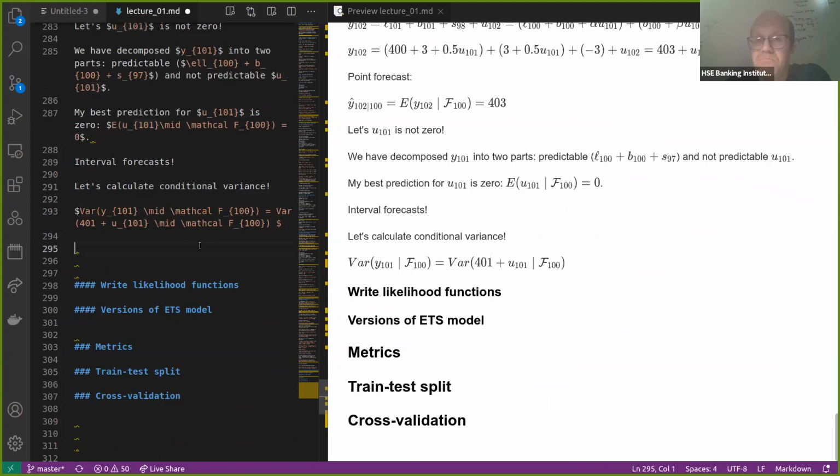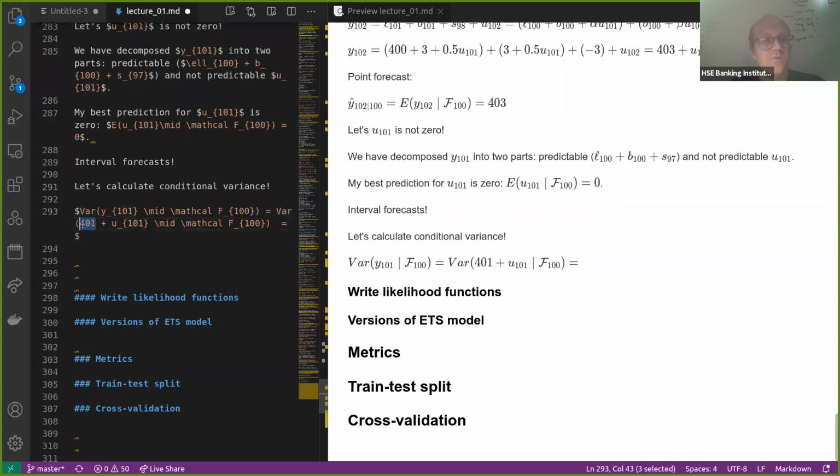So basically, I know that variance... 401, does it influence variance or not? Does this constant, a fixed value, influence variance? No. So basically, I omit it. I forget about 401.